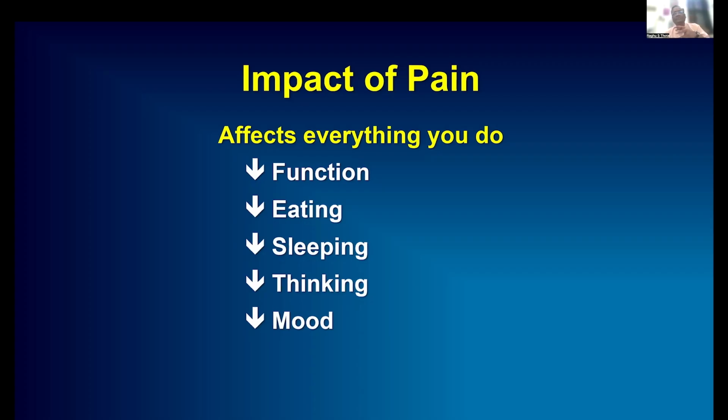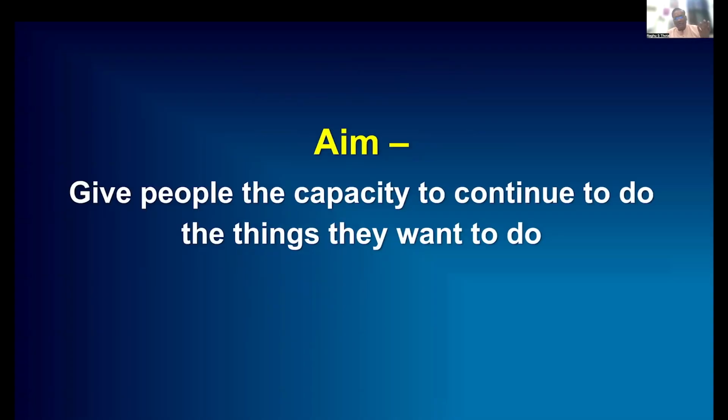So how can we improve? We have to see whether all these functions which are getting affected are improved when we treat the patient's pain with the analgesics which we use. Our main aim is to give people the capacity to continue to do the things they want to do. This is what we can do as a palliative physician.